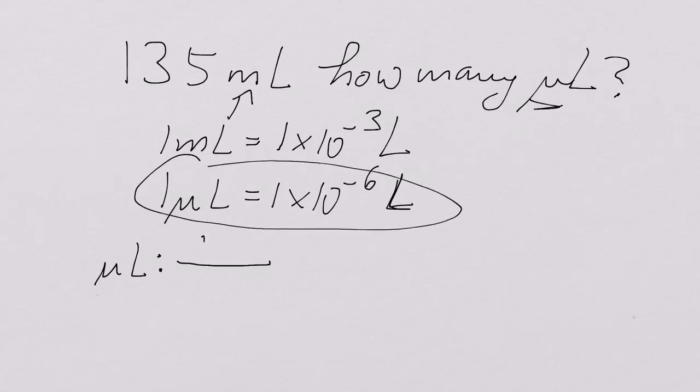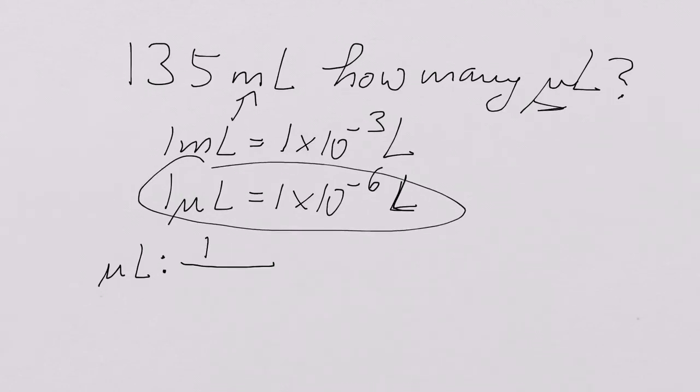Okay, we have 1 microliter. We write that on top. And the rest down there. 1 times 10 to the minus 6 liters. Yeah? Okay, the microliters are good. We've got them.